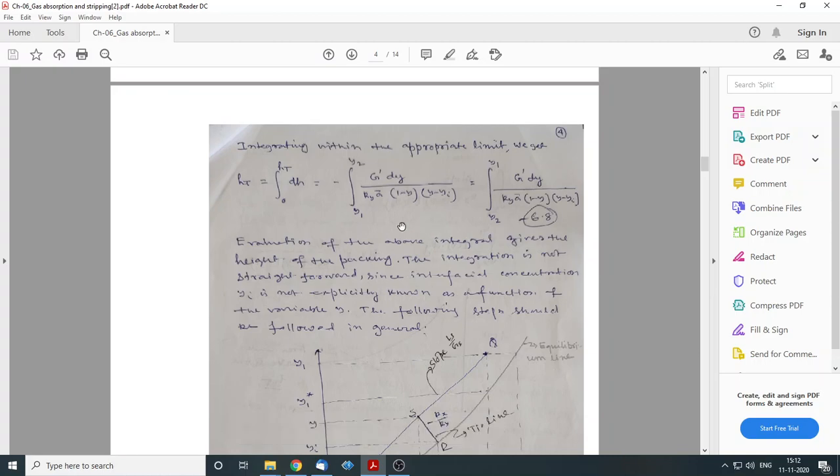We are discussing the determination of the height of a packed tower. Last day we took the differential mass balance for a unit cross-section packed bed, and dh is the control volume.